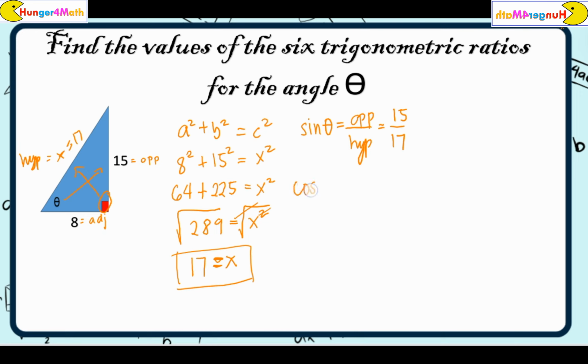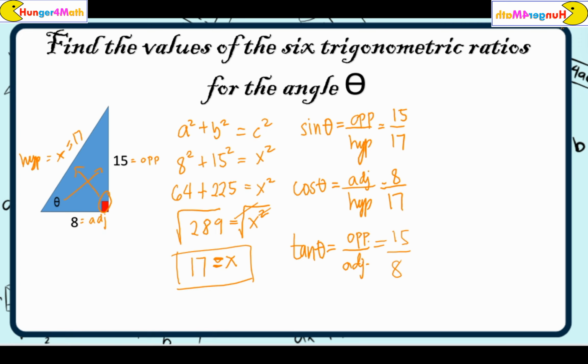Then cosine theta is adjacent over the hypotenuse. Adjacent is 8 over the hypotenuse 17. Then the tangent theta is equal to opposite over the adjacent, and the opposite is 15 over the adjacent 8.